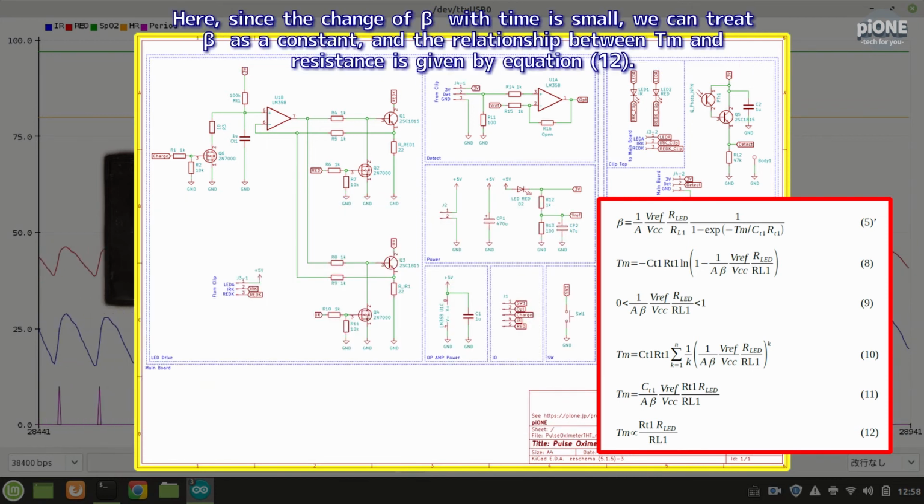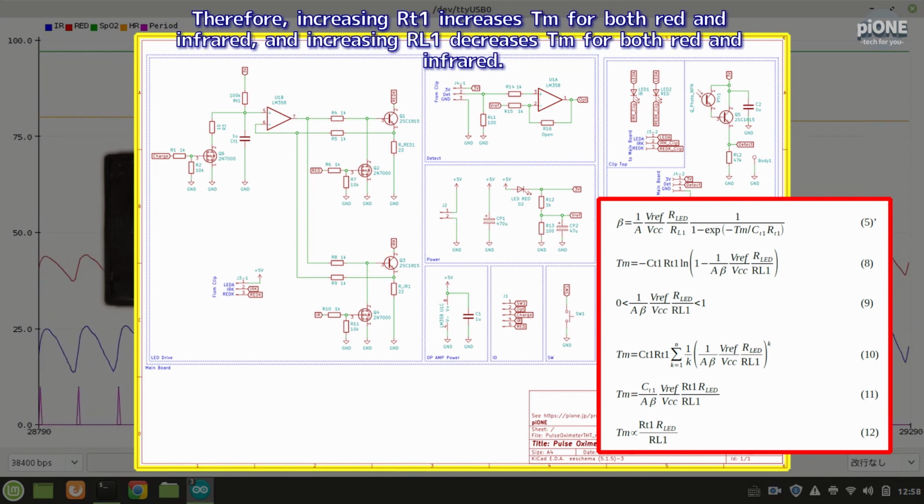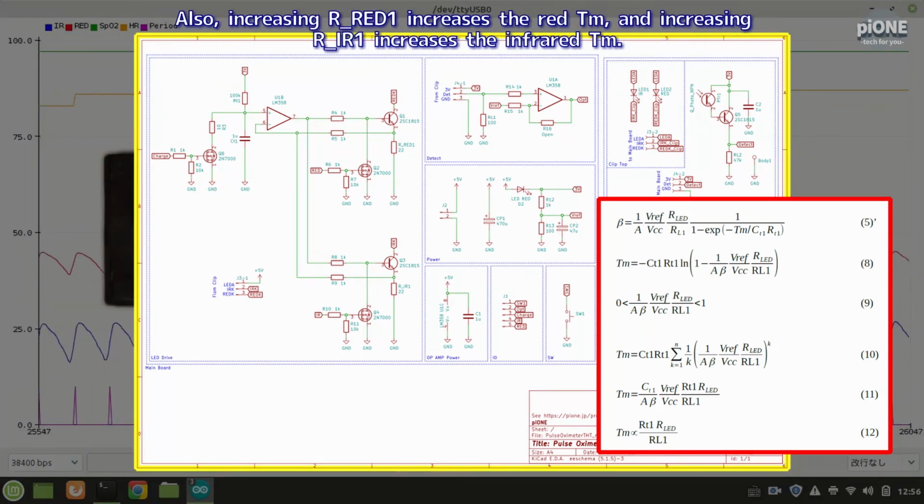Here, since the change of beta with time is small, we can treat beta as a constant, and the relationship between TM and resistance is given by equation 12. Therefore, increasing RT1 increases TM for both red and infrared, and increasing RL1 decreases TM for both red and infrared. Also, increasing RRED1 increases the red TM, and increasing RIR1 increases the infrared TM.